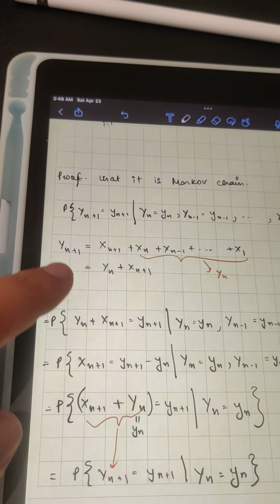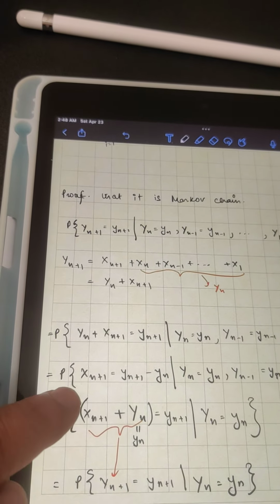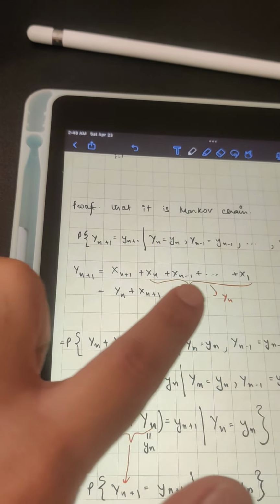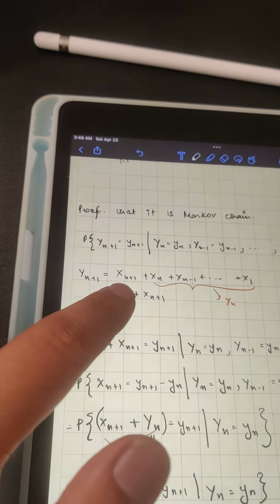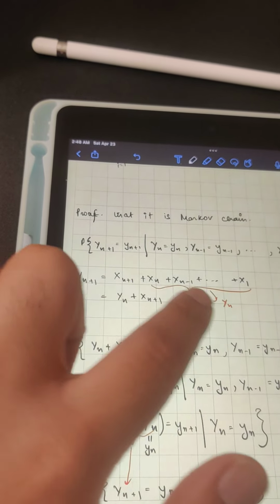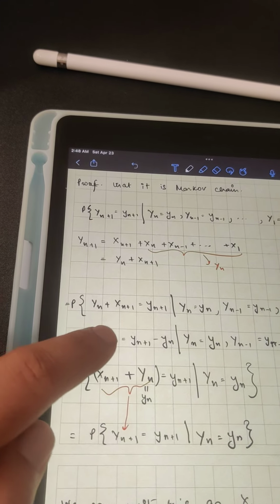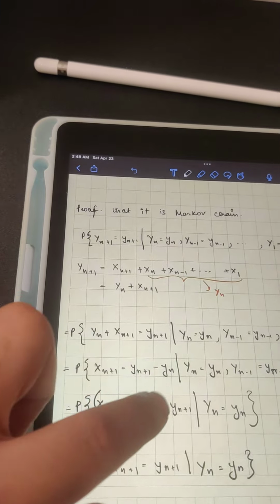And then over here, if you can see, we have broken this Yn+1 down into Yn, like I just showed you that this is Yn, and Yn+1 we are breaking down into Xn+1 and Yn. All these terms together are Yn. So that is what I have written, equal to small yn+1, obviously.